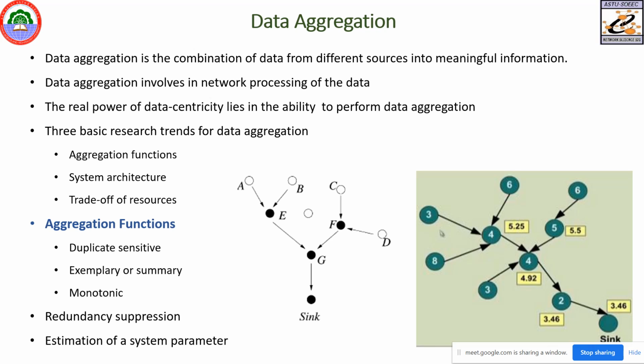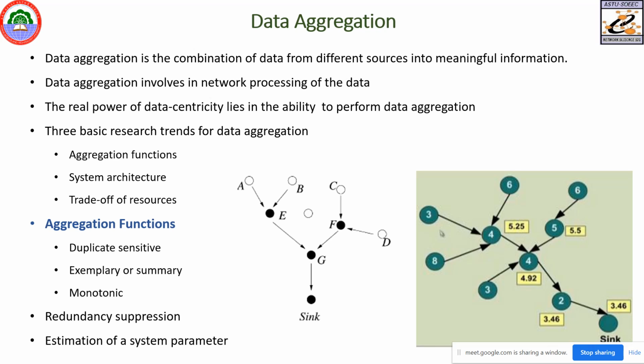If you make the average of all these values, 3 plus 8 plus 6 plus 4, how much? 10, 18, 21, 21 by 4. So 5.25 we may get. So instead of sending 4 transmissions, it is sending only 1 transmission by taking the average.